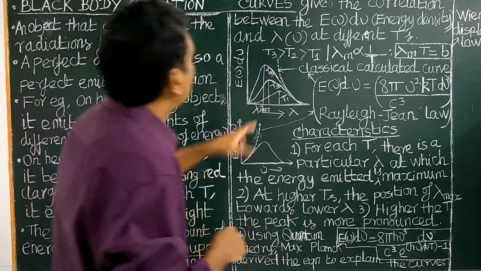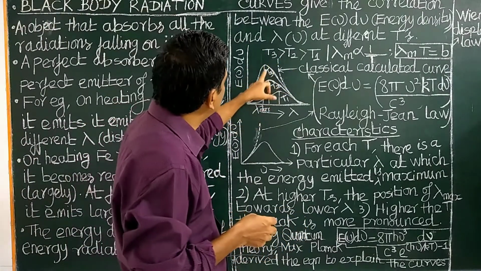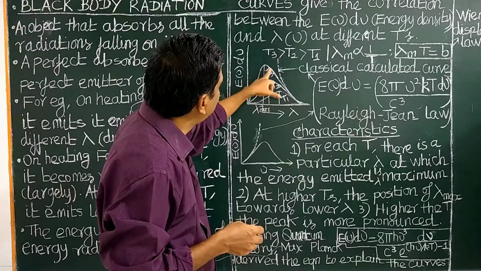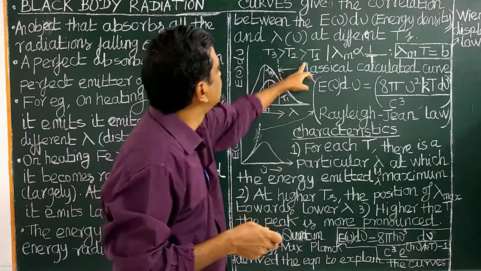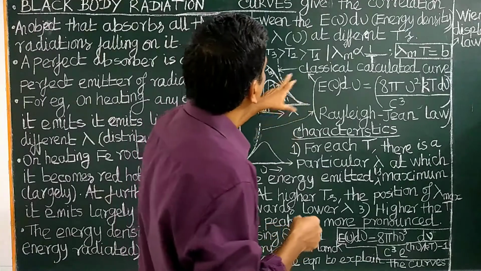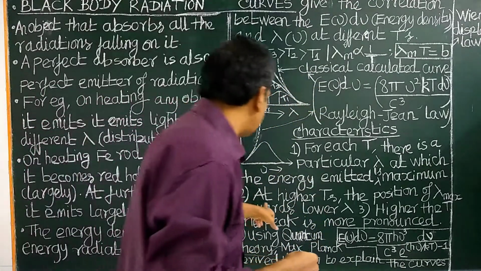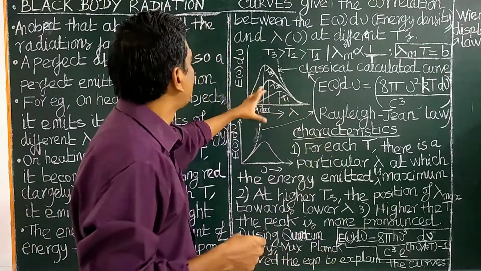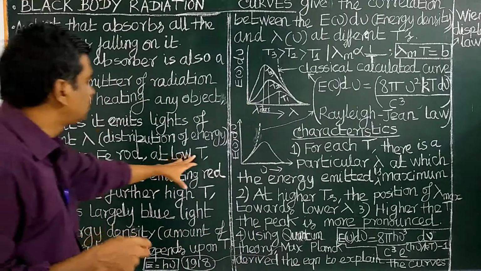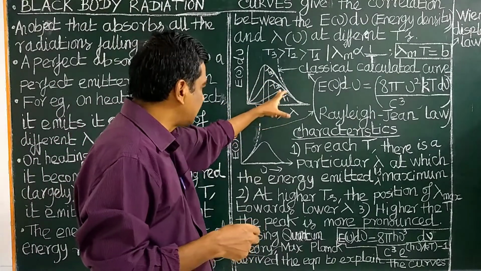For example, at temperature T3, this is the black body radiation curve obtained for high temperature, and this is for low temperature. At temperature T1, it emits largely red light, that is lambda max.